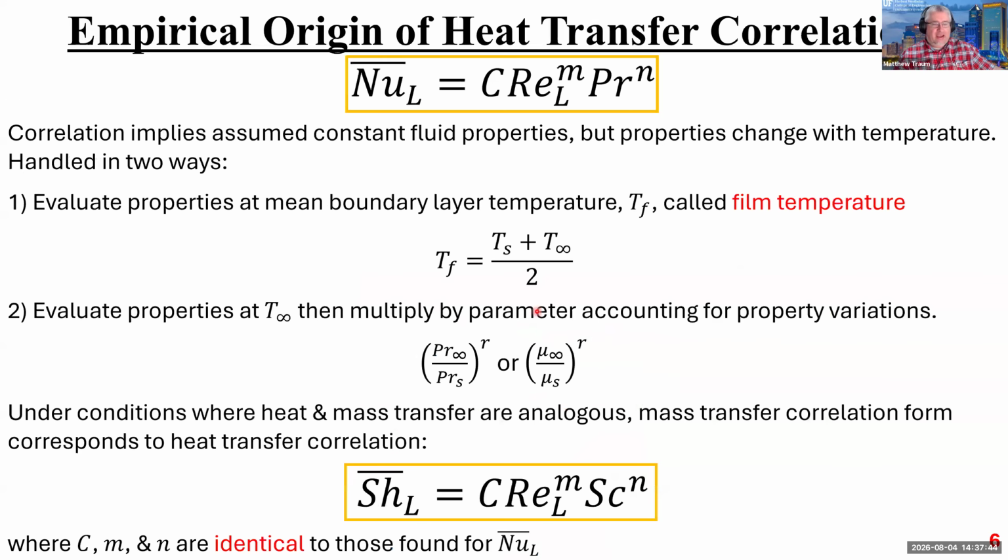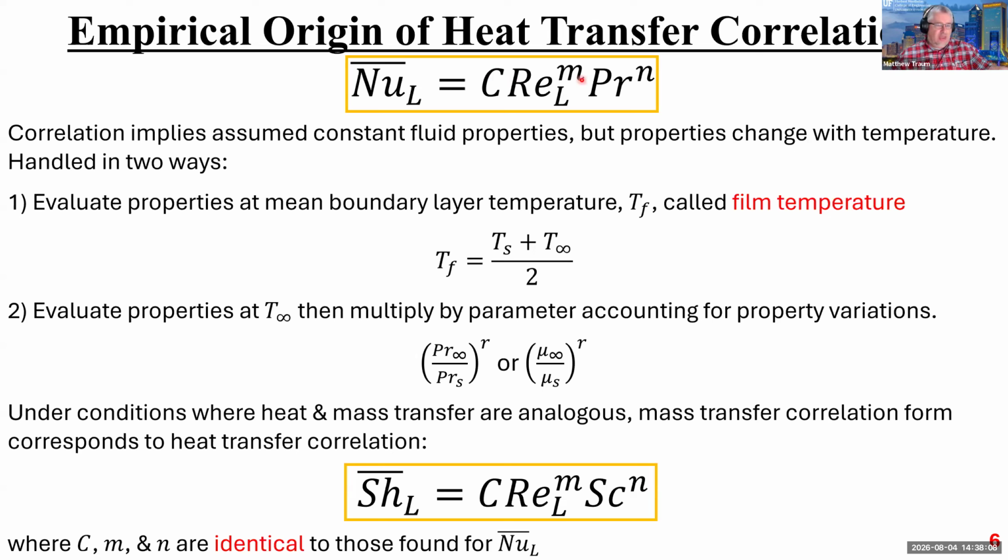And that would make solving this very, very hard, right? Because you'd have to figure out for each little individual incremental step what the properties did as the temperature changed. And so when experimenters run these tests, there is an underlying assumption that they're going to use constant fluid properties at some universally accepted average temperature, representative temperature.